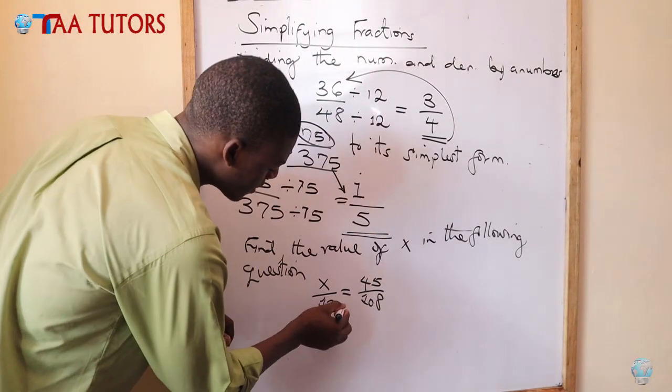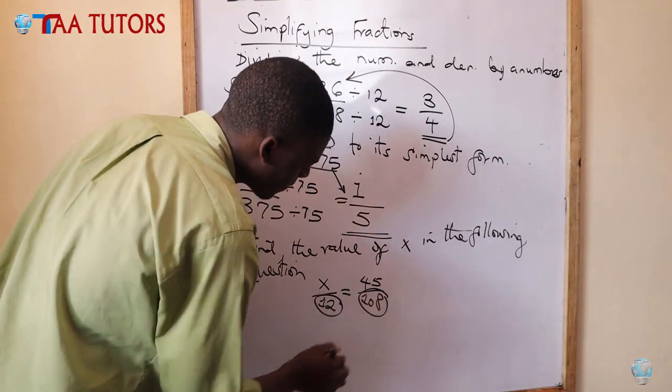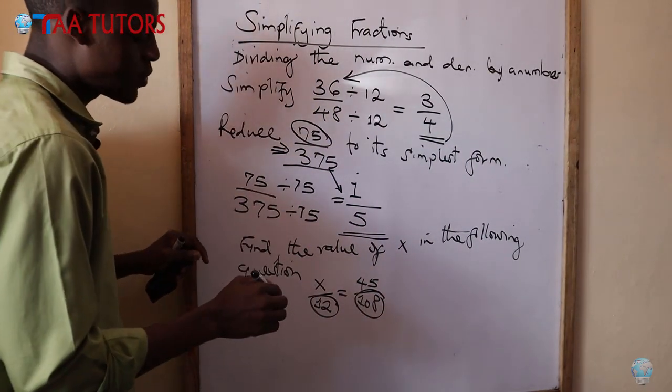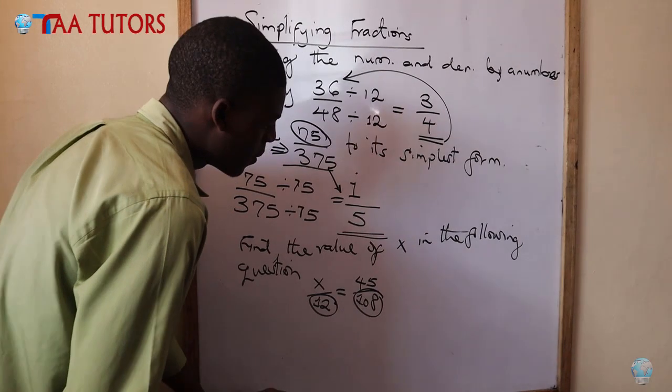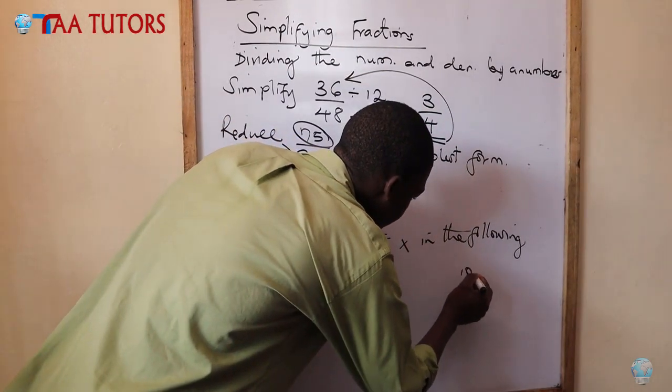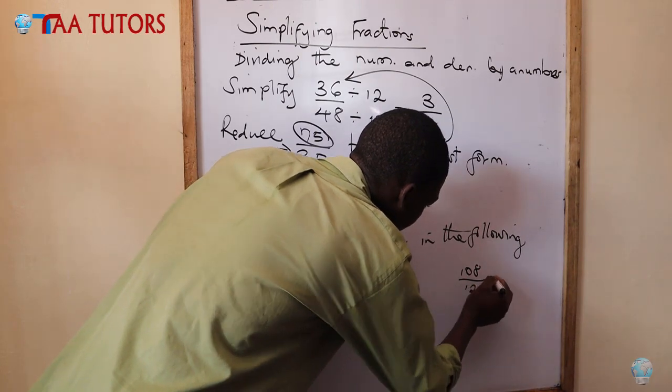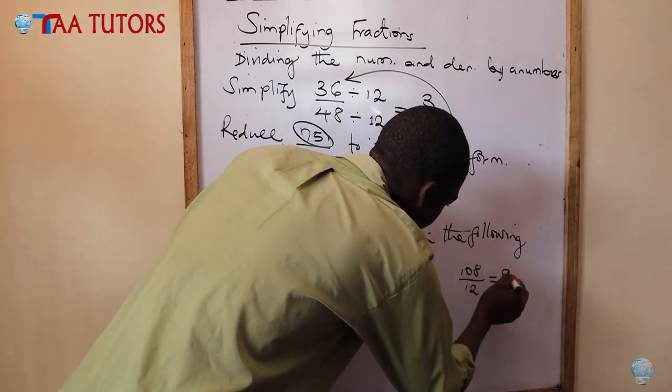We can take 12 and 108 so that we get the factor which they used to multiply. We will have 108 divided by 12. The answer we are getting there is 9.